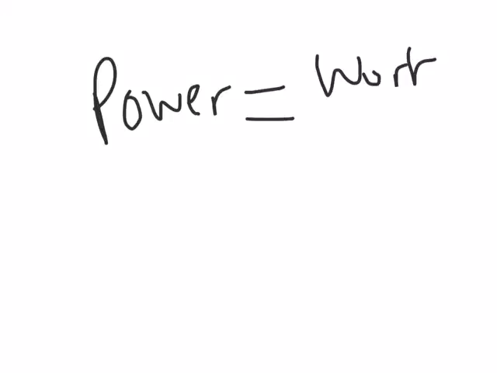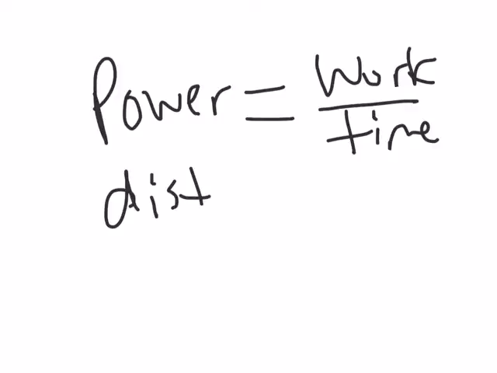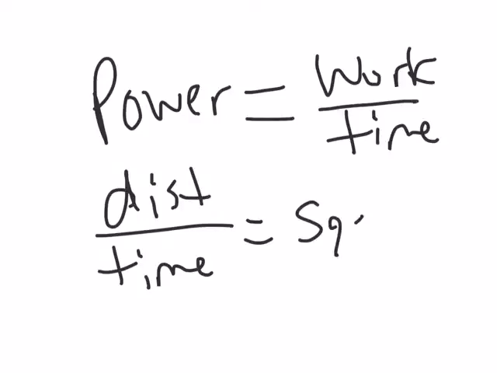If you look at power, power is really a combination of both work and energy. And power is equal to work divided by time. However, we know distance divided by time is equal to speed. Okay?